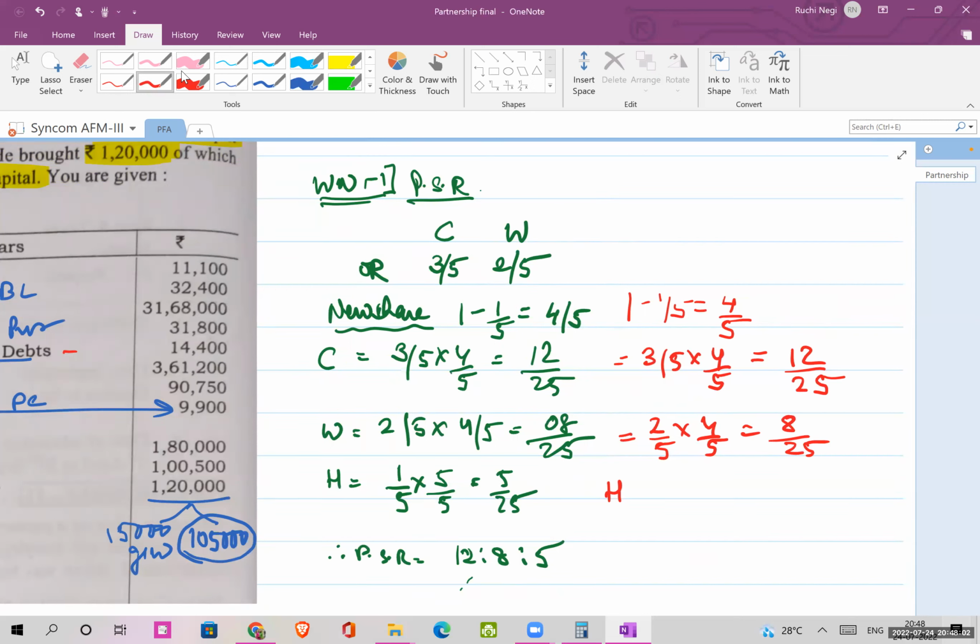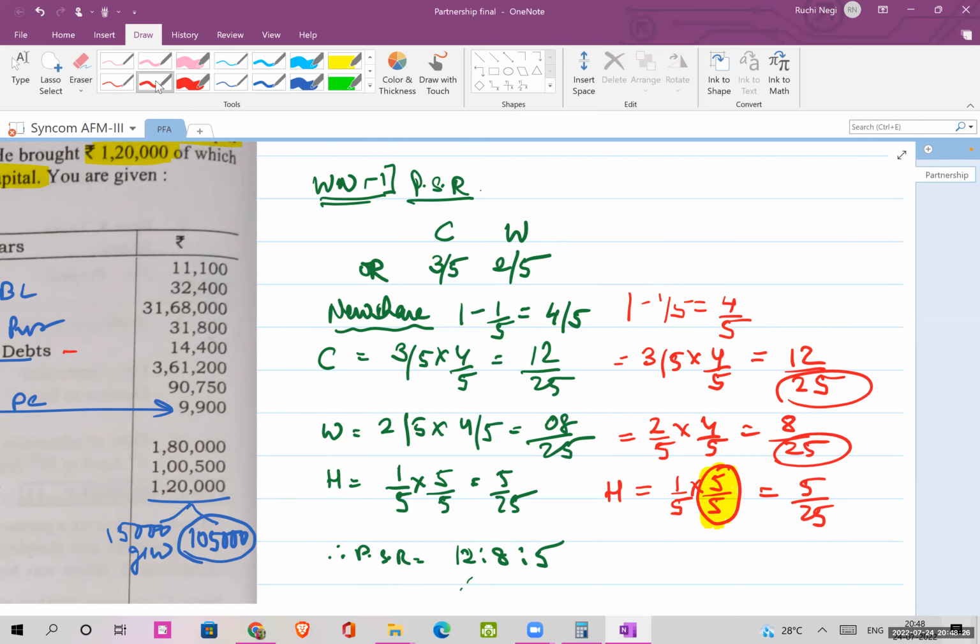For Harbour, I have to equalize it. His share is 1/5. So I need the denominator of all as 25. So 5 fives are 25, so I'll multiply and divide by 5. This is the change that I will do, so that my denominator equalizes, and then this will become 5 upon 25.